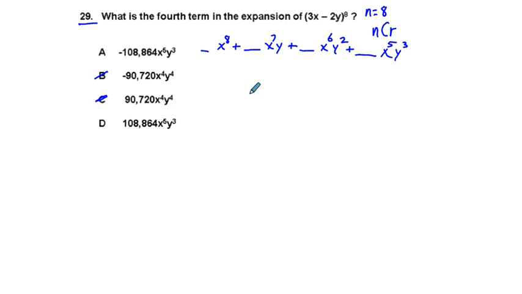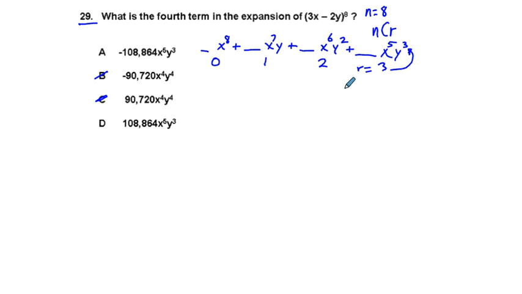And to do the nCr, the way we number these terms, r is equal to the number of the term minus 1. So r is going to be equal to 0, 1, 2, and 3. So r is equal to 3, and 3 happens to be the power of y.